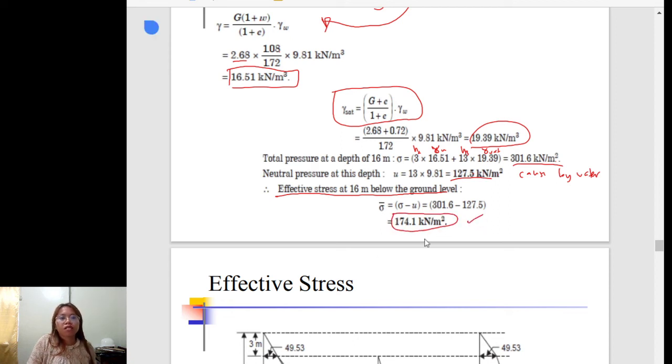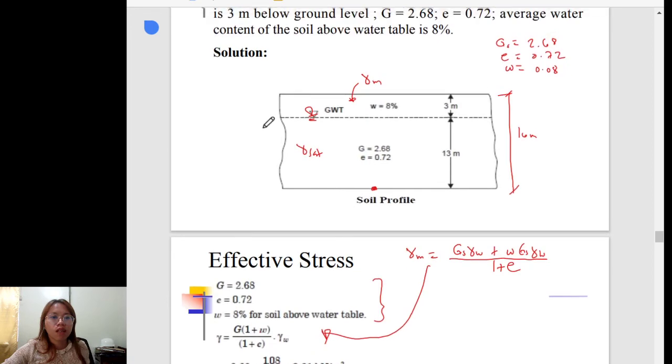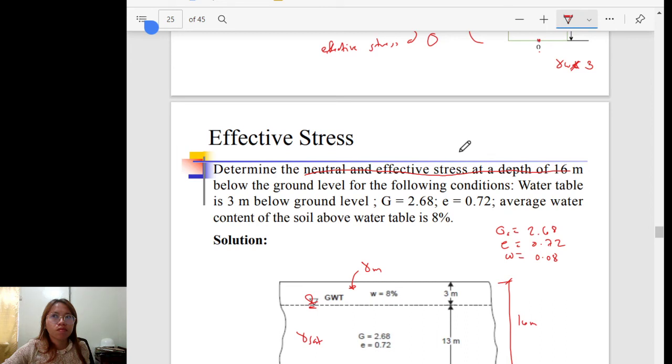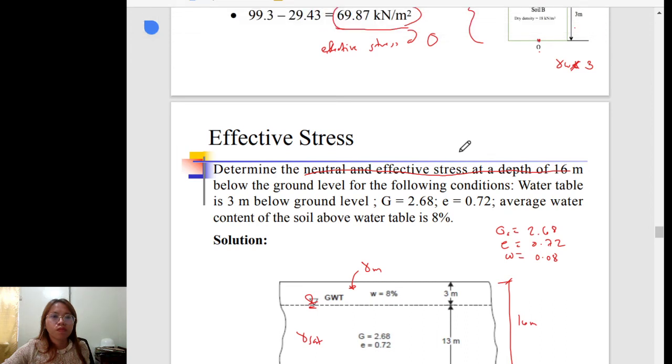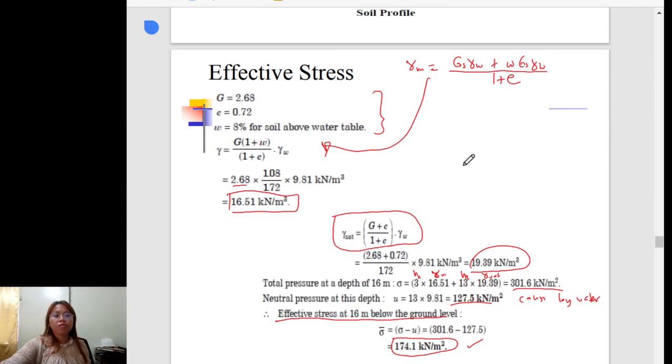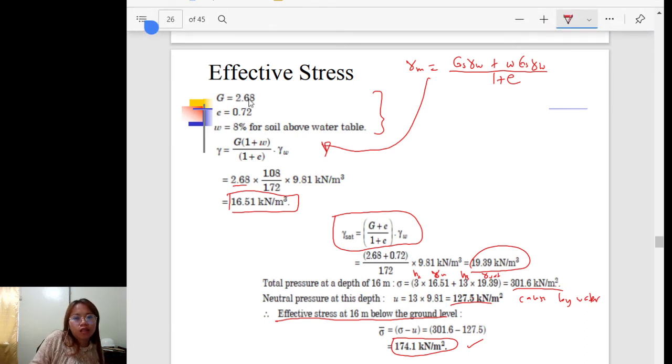Try to answer it again so that it will be mastered by the computation. The important thing in attacking the problem is that you list the given, then try to find the right equation for the specific problem, like this equation or the gamma sat equation.